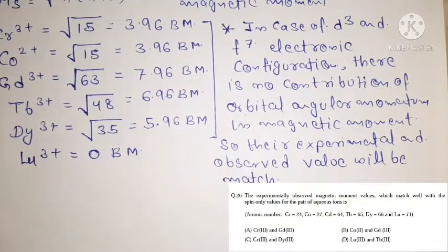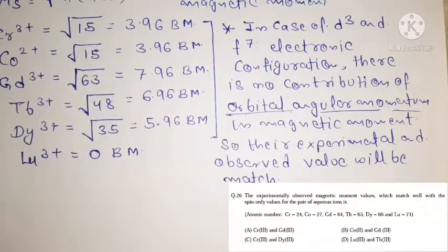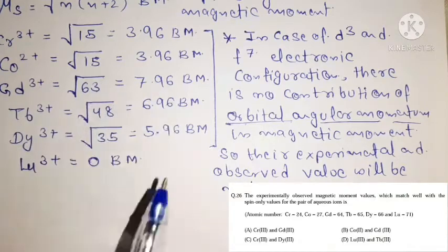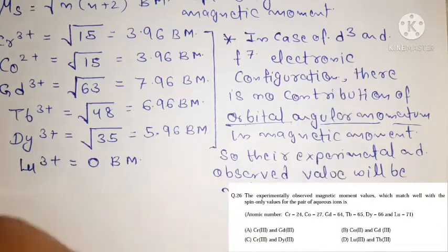So remember, when you see a difference between the experimentally observed magnetic moment values and the theoretically calculated magnetic moment values, that means there is a contribution of orbital angular momentum in the magnetic moment values. Okay, so in these cases, chromium 3 plus has the d3 electronic configuration, and gadolinium 3 plus has f7 electronic configuration.